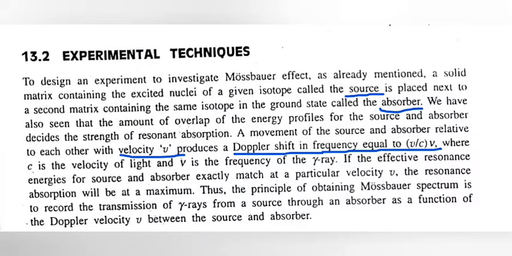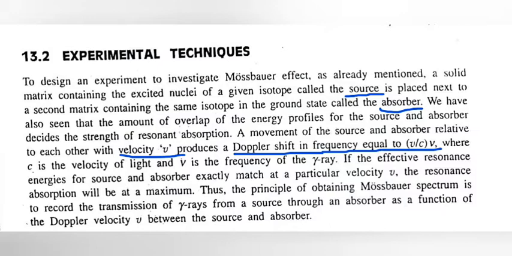And the source and absorber move relative to each other with a velocity v. That means when the source moves towards the absorber, the velocity v increases, and when the source moves away from the absorber, the velocity v decreases.